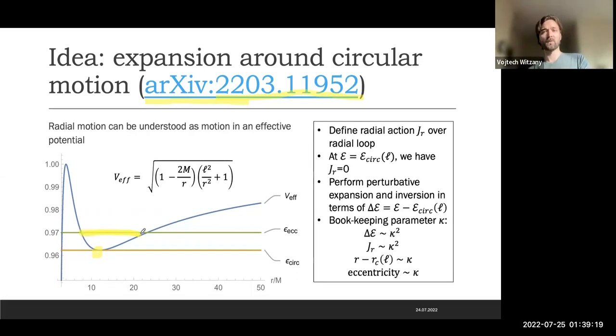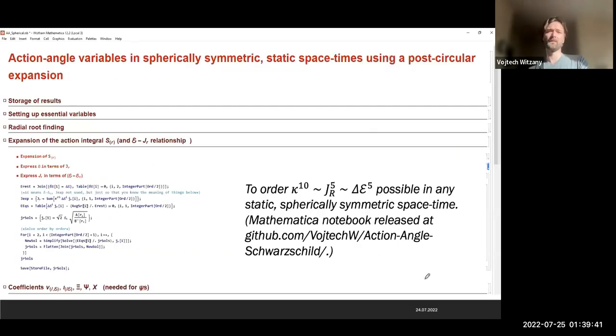And you perform a perturbative expansion and inversion in terms of deviations in energy away from this minimum of the effective potential. And you have a bookkeeping parameter kappa, which is essentially an expansion in eccentricity. It turns out to be equivalent to an expansion in eccentricity.